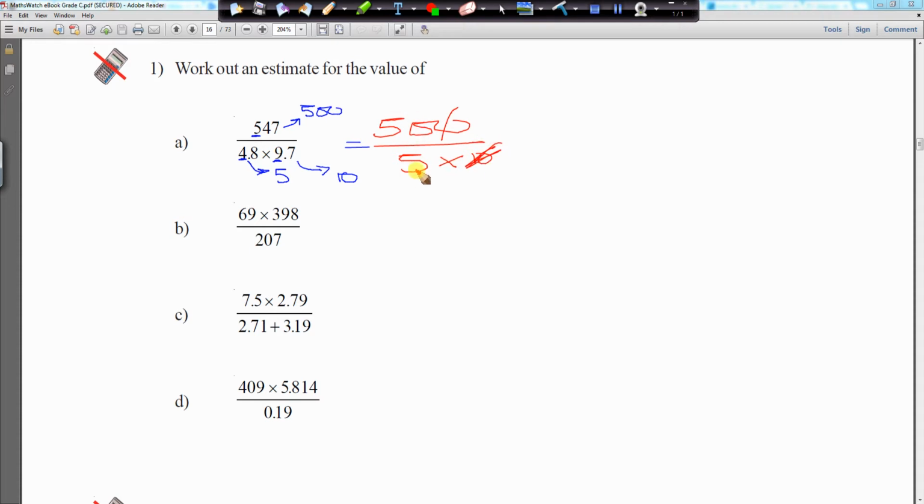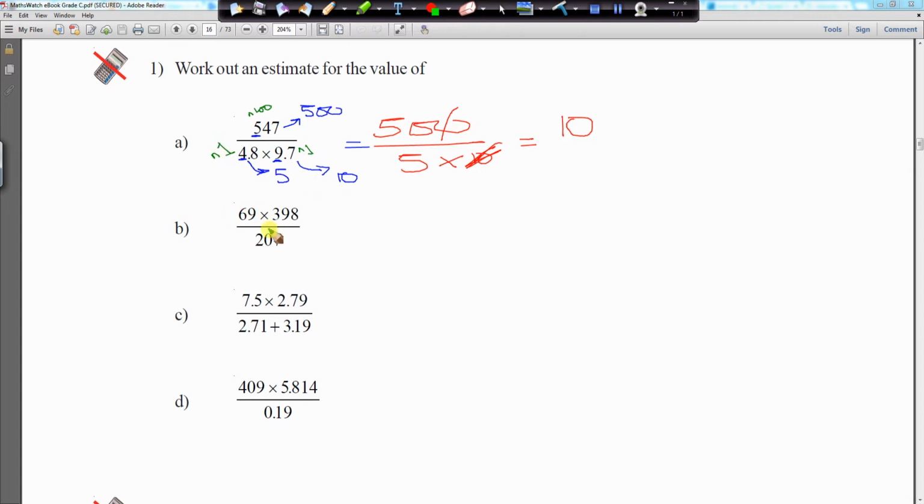We now have 50 divided by 5, which gives a nice, lovely answer of 10. Quickly going back, we rounded the first one to the nearest 100, and the other two to the nearest whole number, the nearest unit.